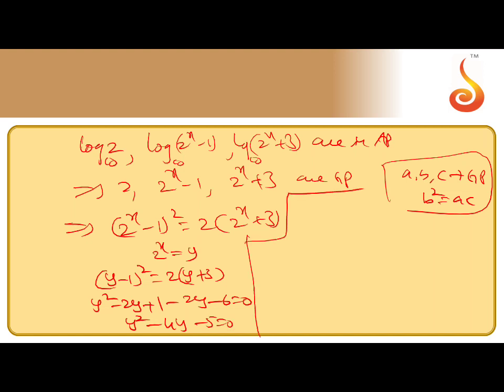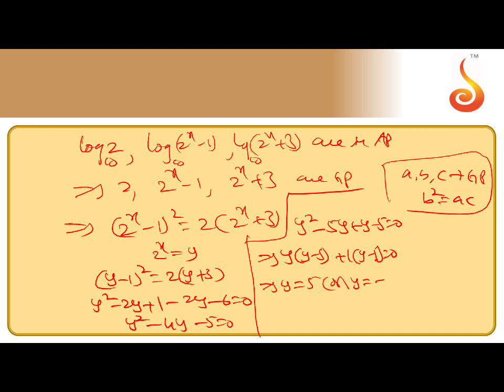Now we can find the factors: y square minus 5y plus y minus 5 equal to 0. This implies y into y minus 5 plus 1 into y minus 5 equal to 0. The factors give y equal to 5 or y equal to minus 1.